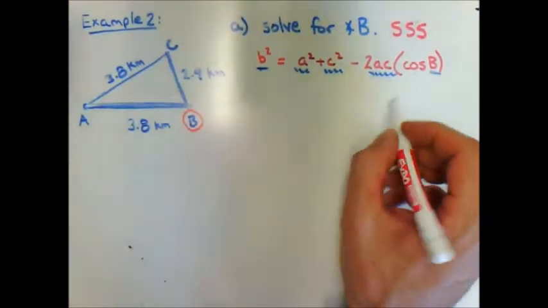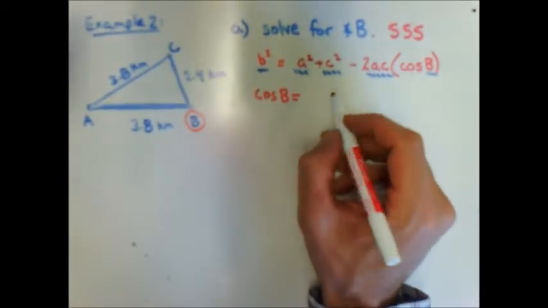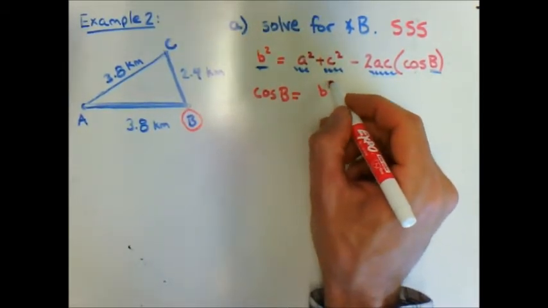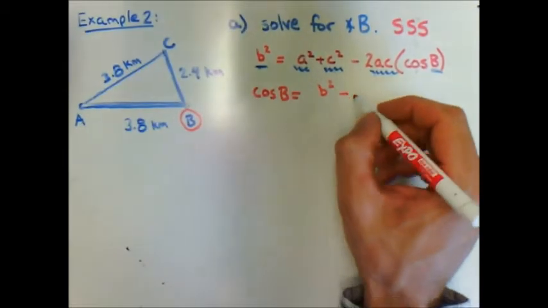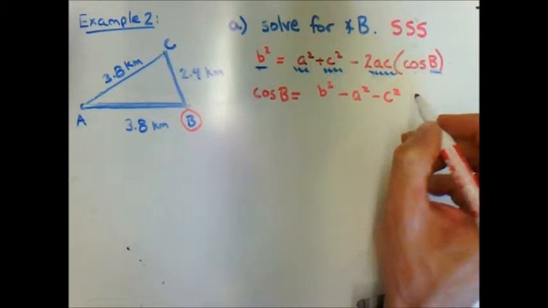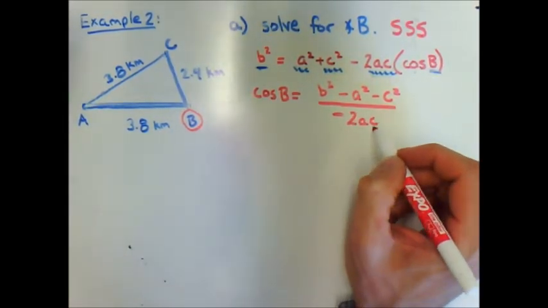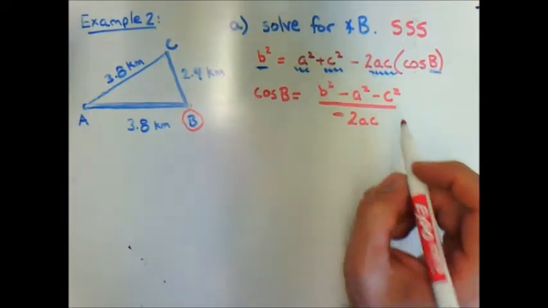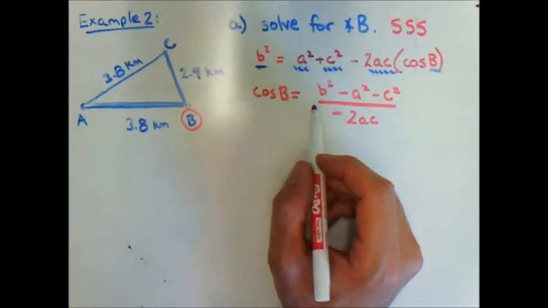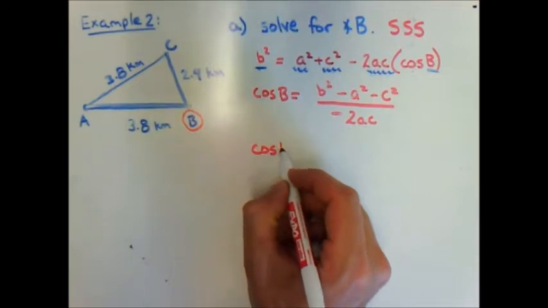We said that this could be rearranged in order to solve for cosine of B. So we'll write down our rearranged formula, and theirs is a little bit different than the one I wrote for you the first time, but B squared minus A squared minus C squared over negative 2AC. I like mine better, but this will work. Okay, so side length B is over here, so we've got to sub in what we know.